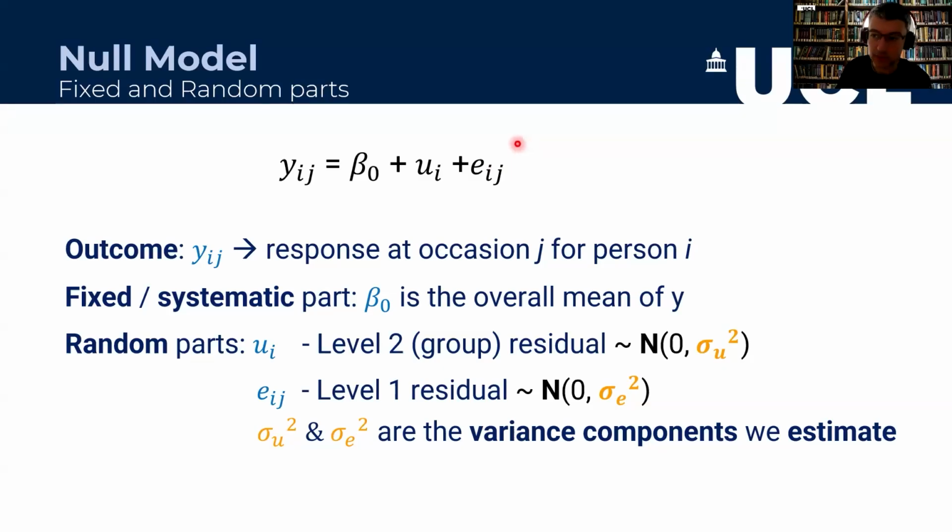And as it happens also in the classic linear regression model, we assume that these two residuals are normally distributed with an average equal to 0. And then these two values are usually observed and estimated using our data.